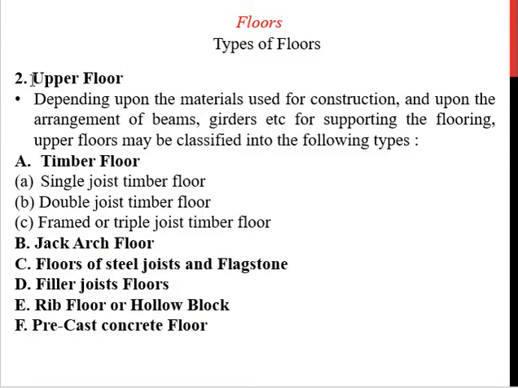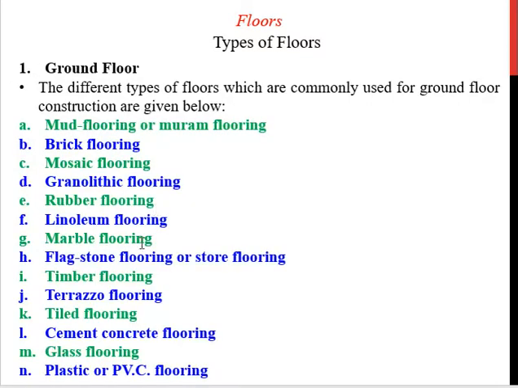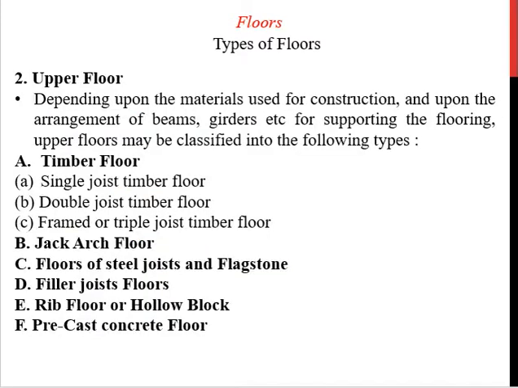Next is the upper floor. So till now we have seen all types of ground floor. These were mainly the ground floors where we could use all these different types of materials. Next we will go for the upper floor. Upper floor consists of all the floors apart from the ground floor, and we basically categorize them into the following six categories, which include timber floor, jack arch floor, floor of steel joist, filler joist, strip floor, and precast concrete floor.